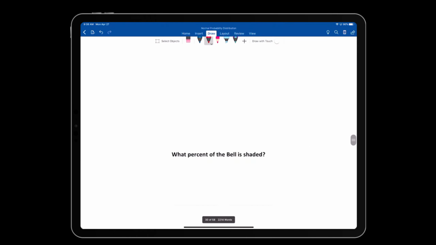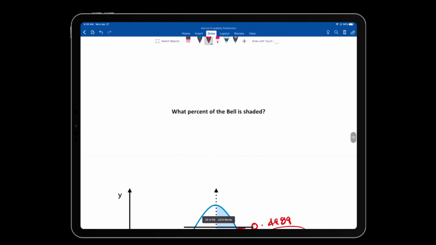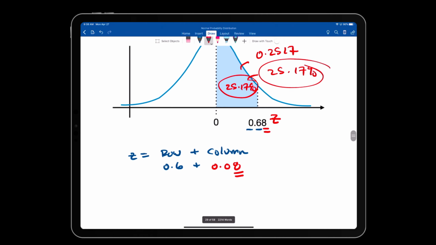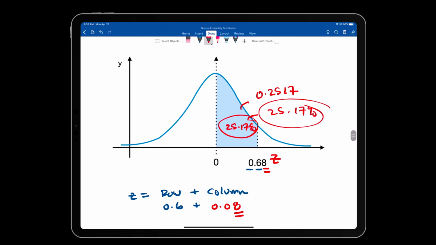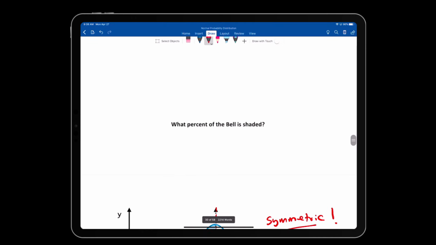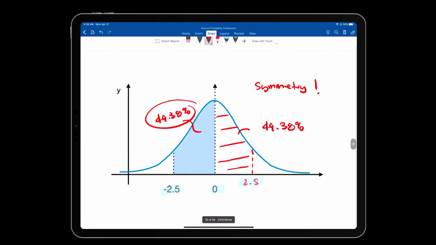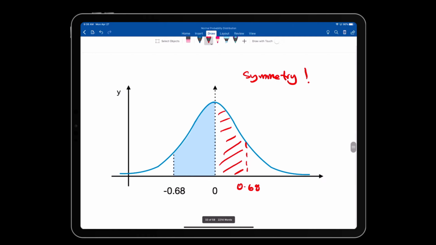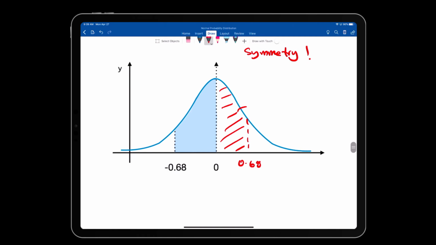Where is it? There we go. 25.17%. 25.17% is going to give you 25.17% here. Because of symmetry, this is 25.17%. What percent of the ballot is shaded?